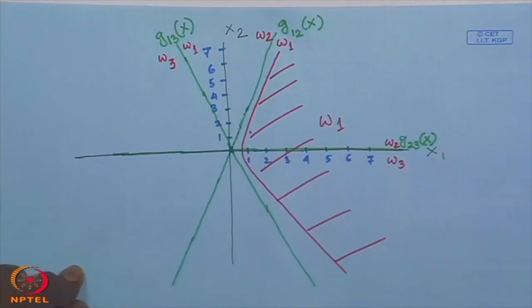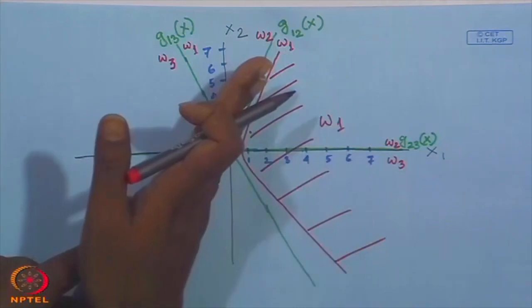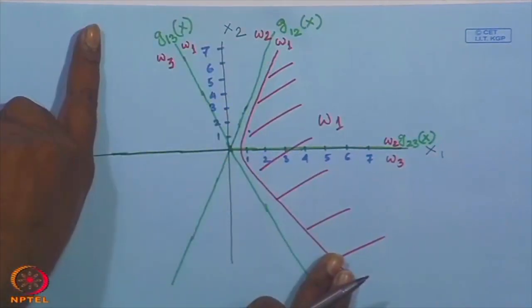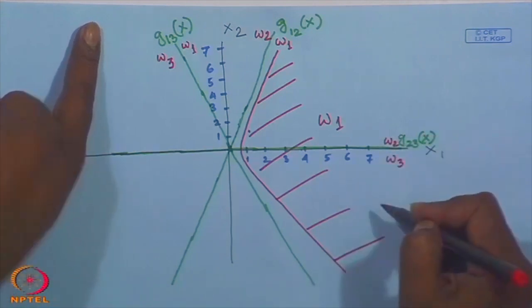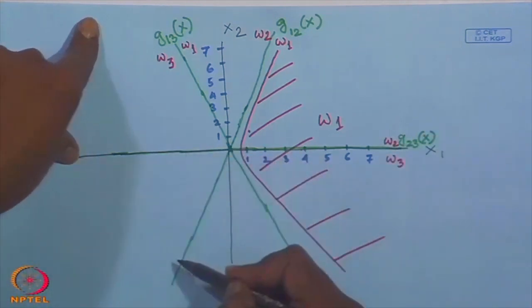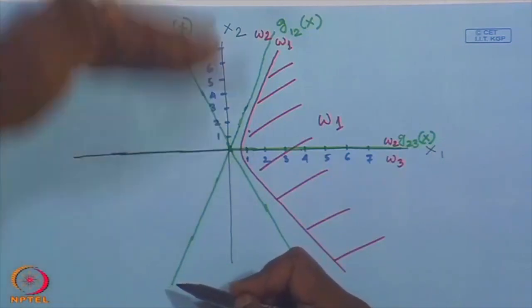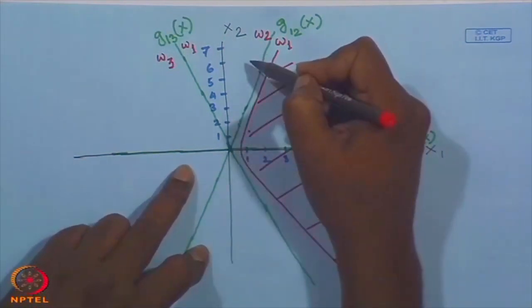Then when I consider omega 2, you find that between omega 1 and omega 2, this half belongs to class omega 2, and between omega 3 and omega 2, it is the upper half which belongs to class omega 2.